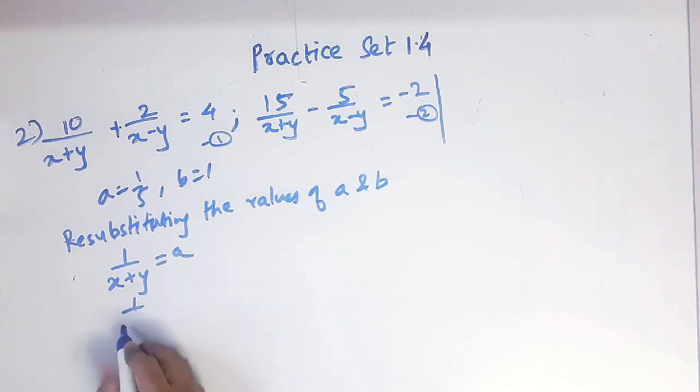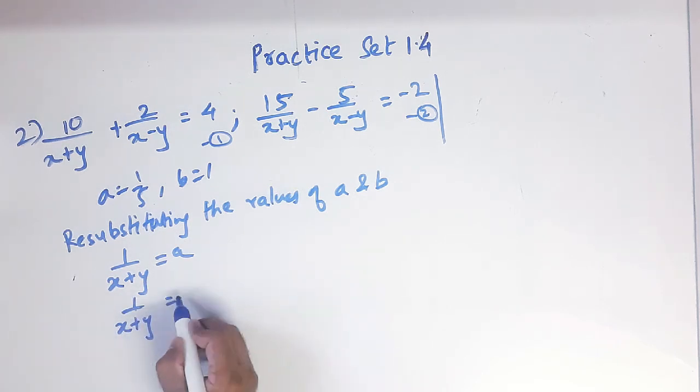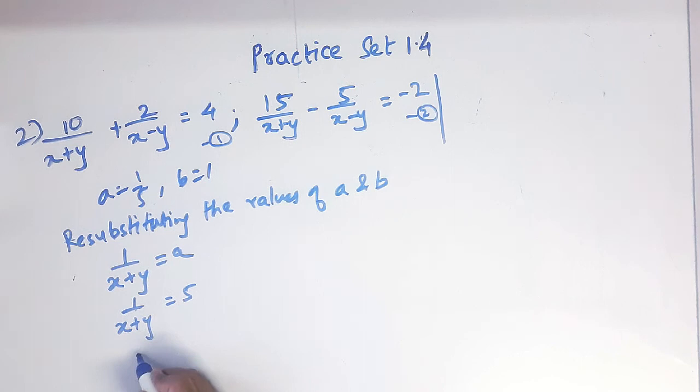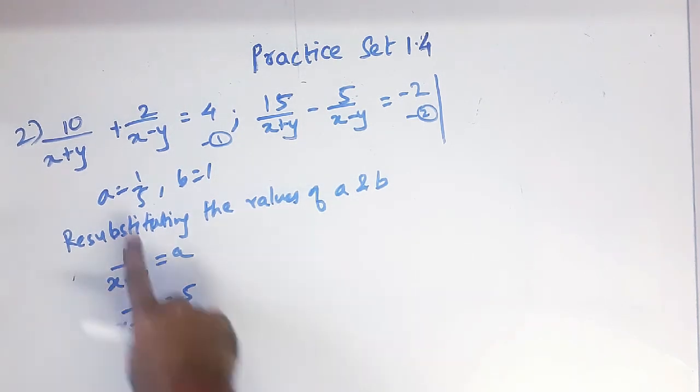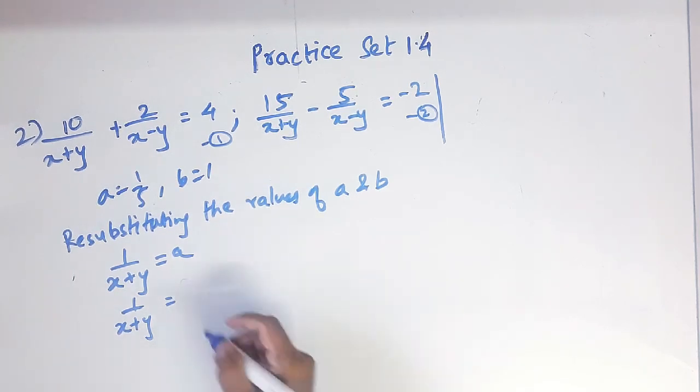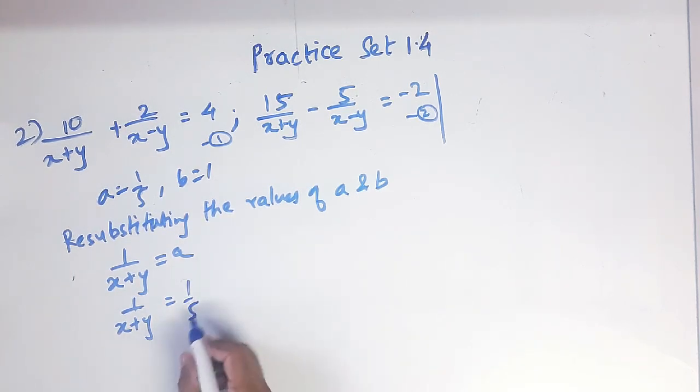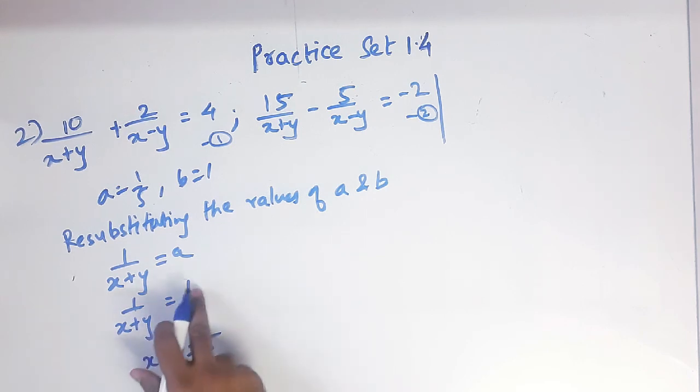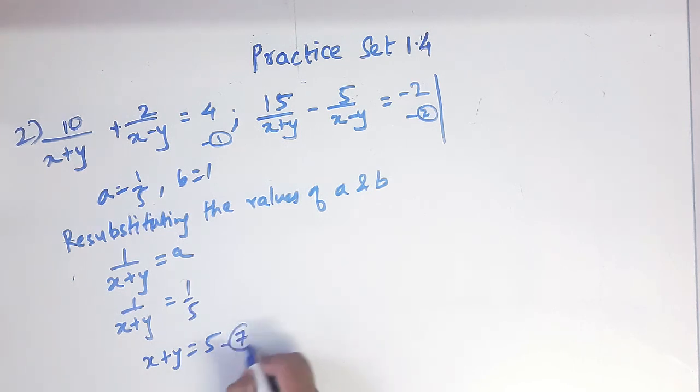So I'll write 1 upon x plus y equals 1 upon 5. Okay, if I cross multiply, x plus y equals 5. x plus y will be multiplied by 1, 5 also will be multiplied by 1. We got a new equation, that is equation number, I think, 7.